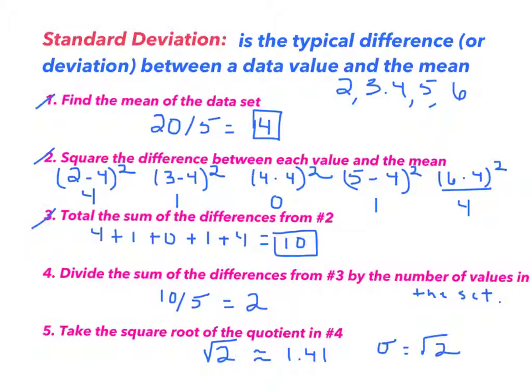Then we divided that by the number of values in the set, which was 5, and got 2. And then we took the square root. These are the steps to find the standard deviation. So that means the typical difference between each value and its mean is about 1.41, or the square root of 2.